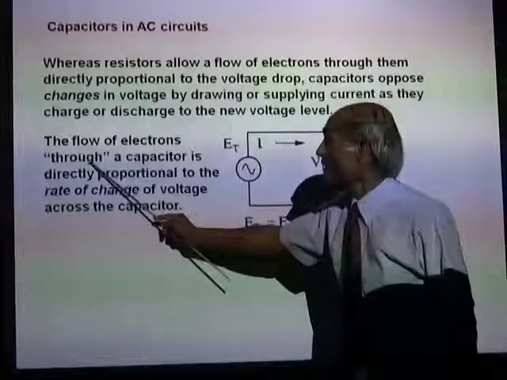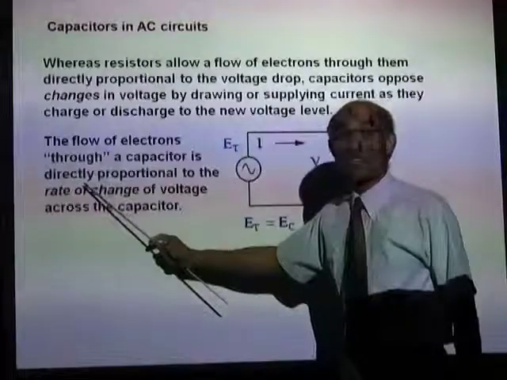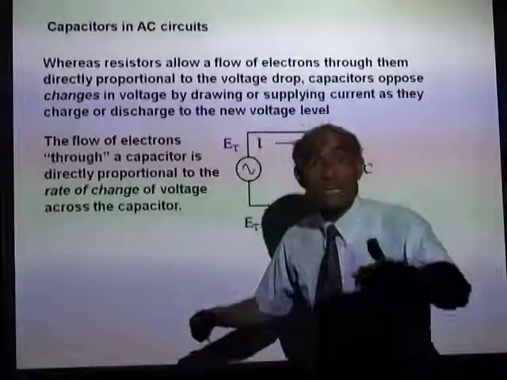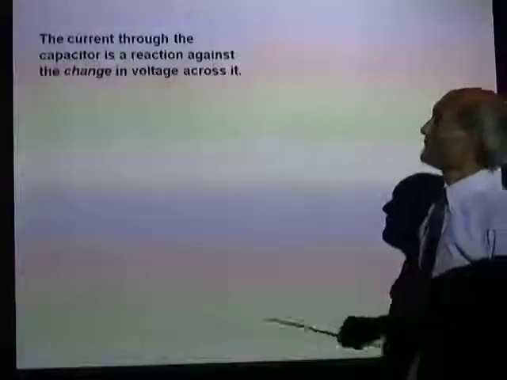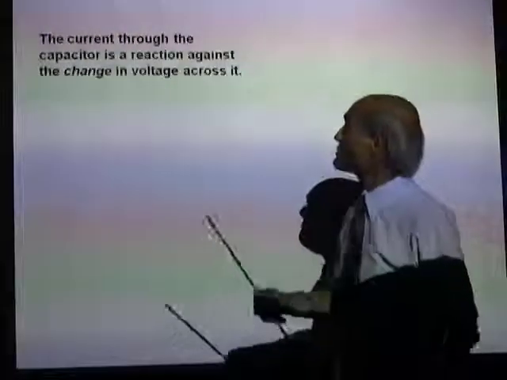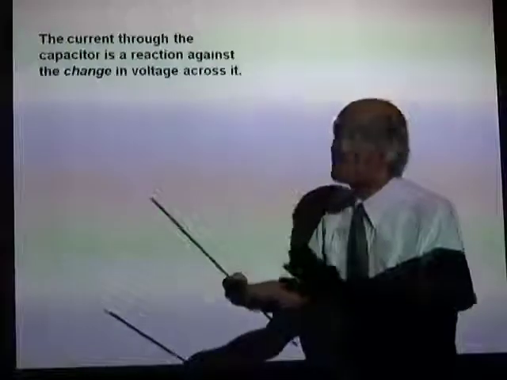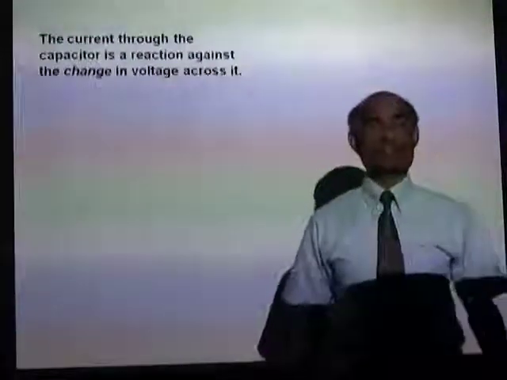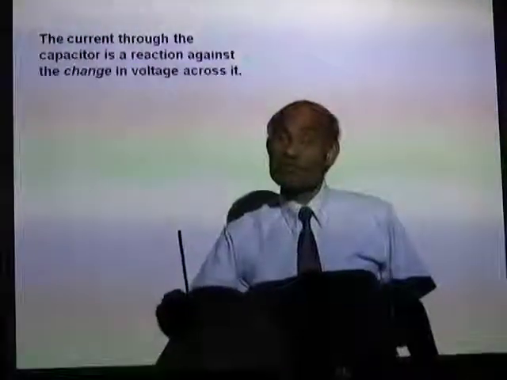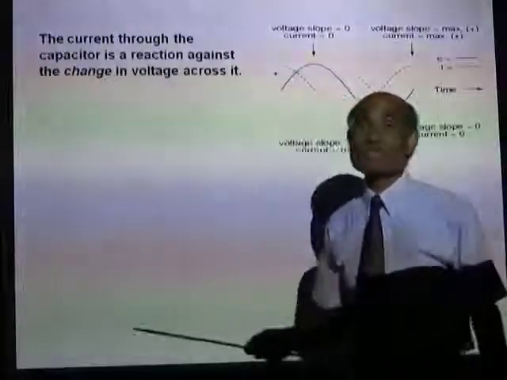So, the flow of electrons through a capacitor is directly proportional to the rate of change of voltage across the capacitor. Now, the current through the capacitor is a reaction against the change in voltage. Only a change in voltage will produce a current in the capacitor.